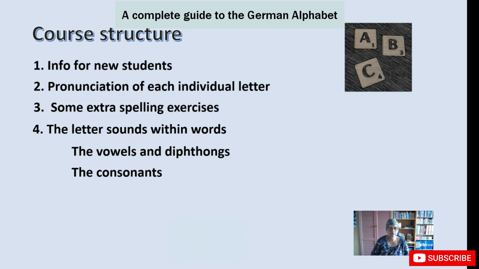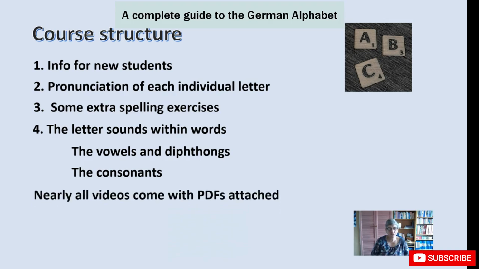So for example, C, we also have CH and CK, we have S plus SCH, ST, SP, or we have PH. So you get all those different combinations. How do you pronounce them? When do you say a word with this letter, or when does it sound more like that?